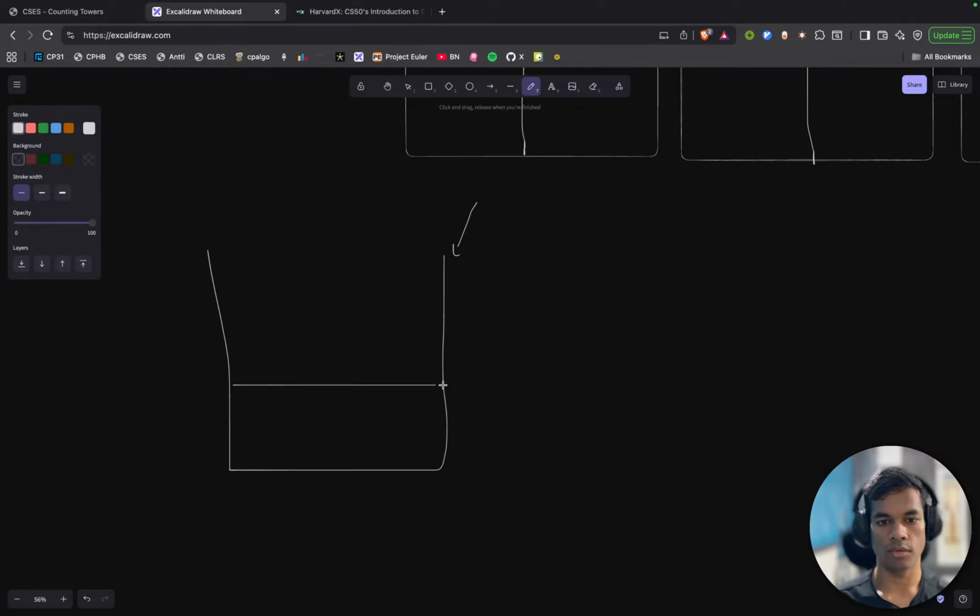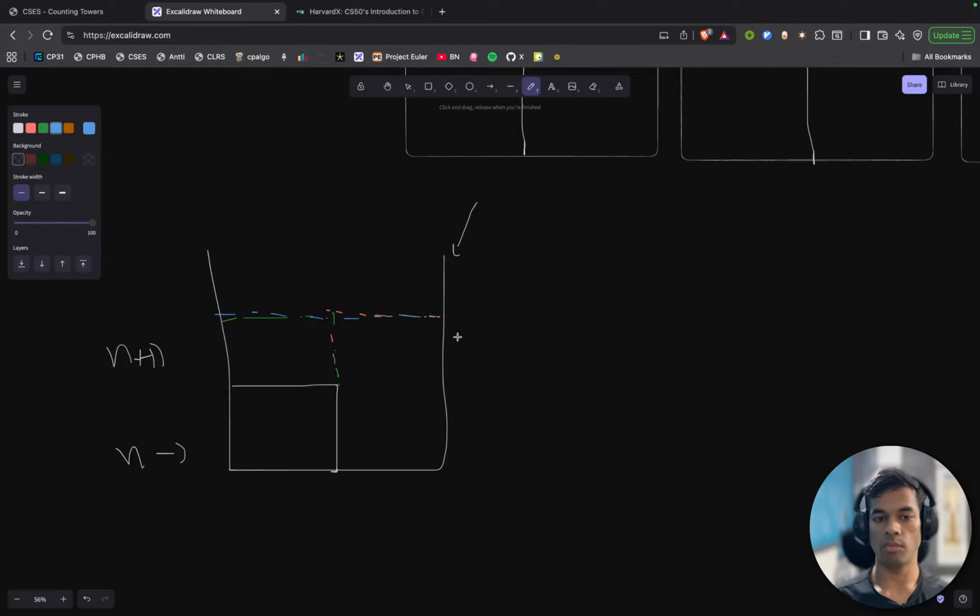In the nth row, I have made this choice, and in the n minus 1th row, the possibilities I have are I could go with the same thing, or I could go with this, or this, or I could just leave it open.